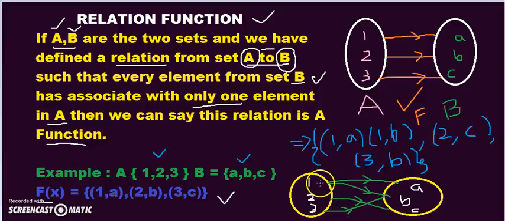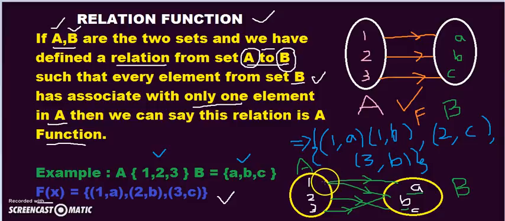Now if you observe set A and set B, as per the definition, each and every element should be associated with only one element. But here, the element A is associated with 1 as well as the element B is associated with 1.